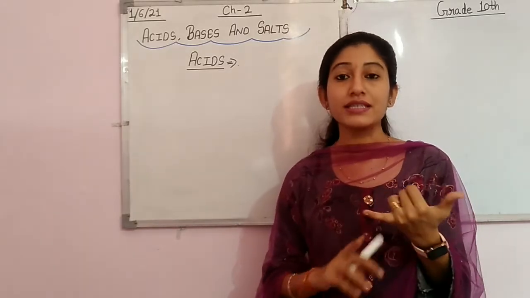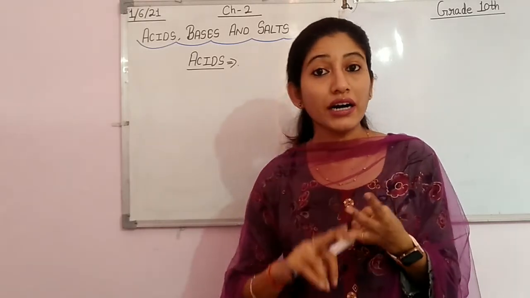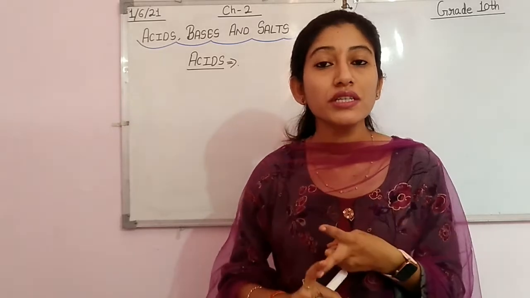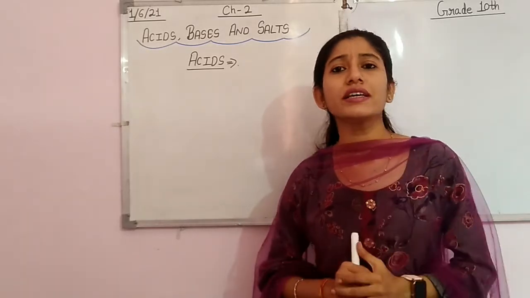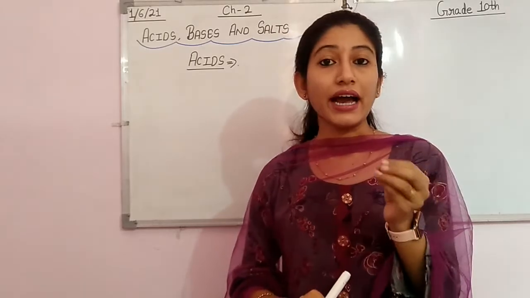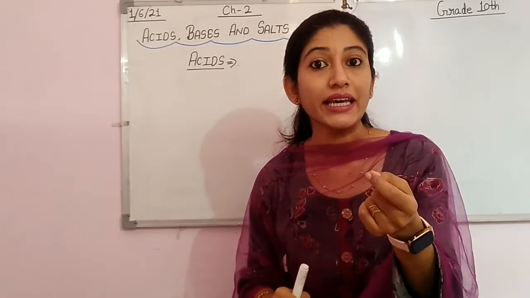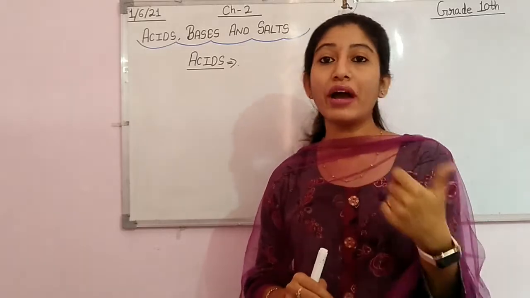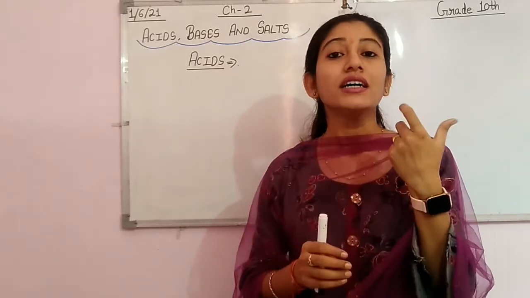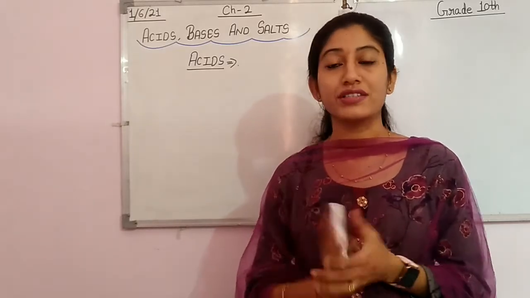So vinegar we have, curd we have, and I told you about the juices. The common thing these items have, and I hope you know tamarind, which we call imli. Many of you have tasted that, and if you have not tasted it directly, you have tasted it in some other flavors, I hope.